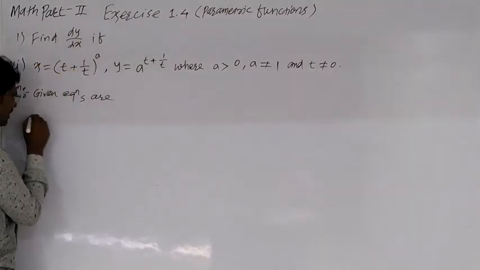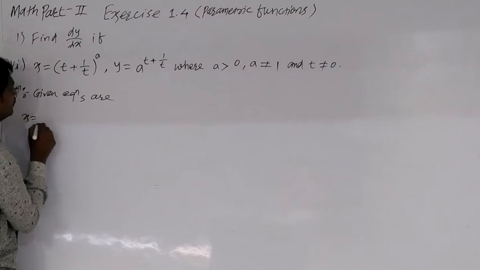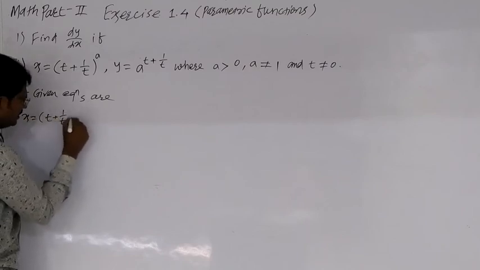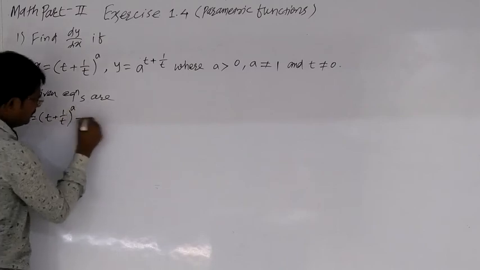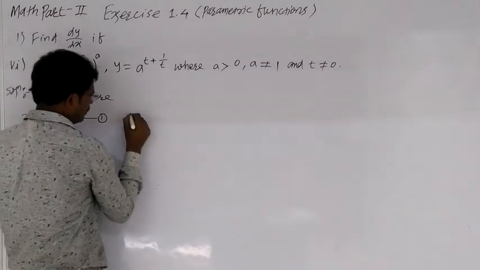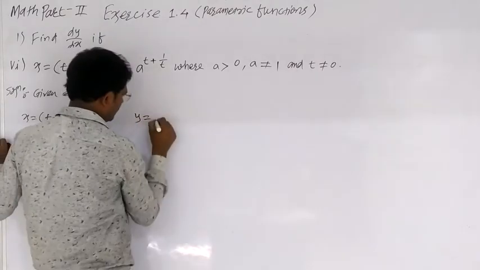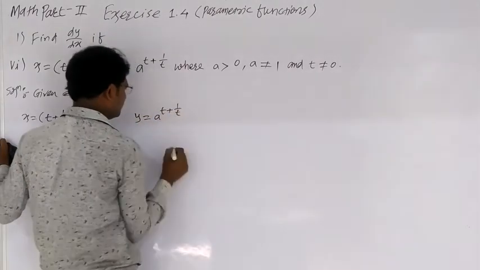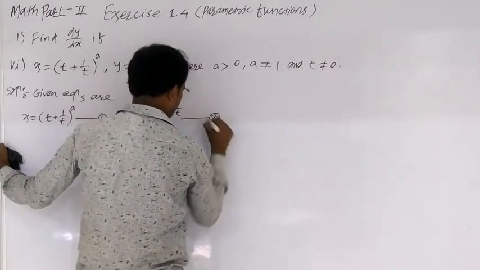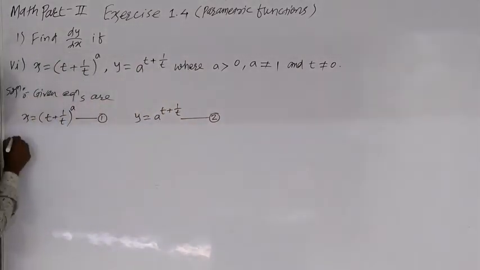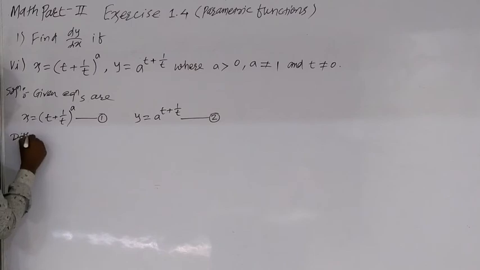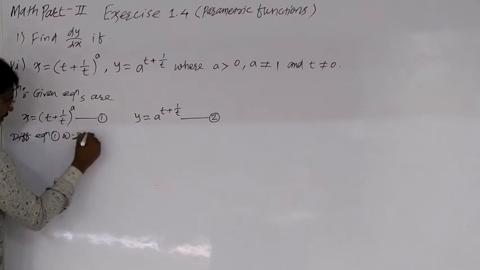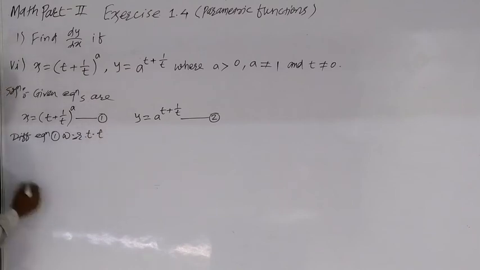So the given equations are x is equal to t plus 1 upon t raised to a, equation first, y is equal to a raised to t plus 1 upon t, equation second. Now we can differentiate equation first with respect to t.